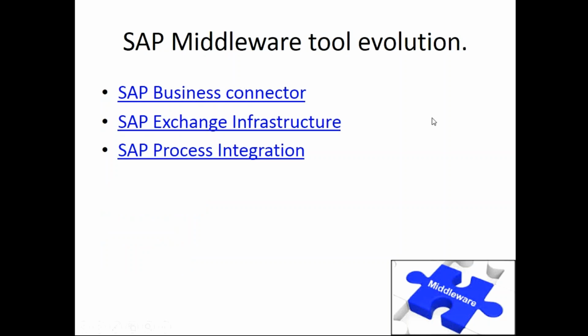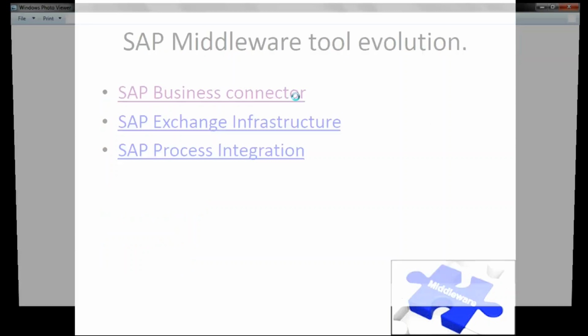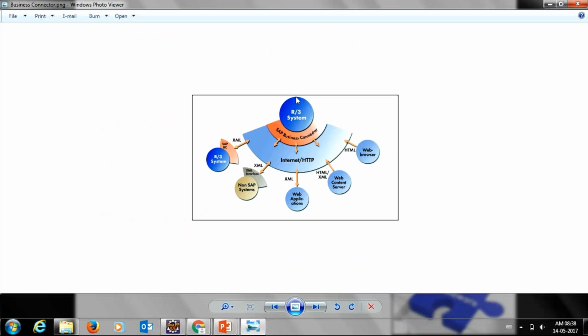So what is the evolution of SAP middleware? It started with Business Connector in 1996. SAP came up with a software called SAP Business Connector, SAP BC. Business Connector was a joint venture of SAP with webMethods.